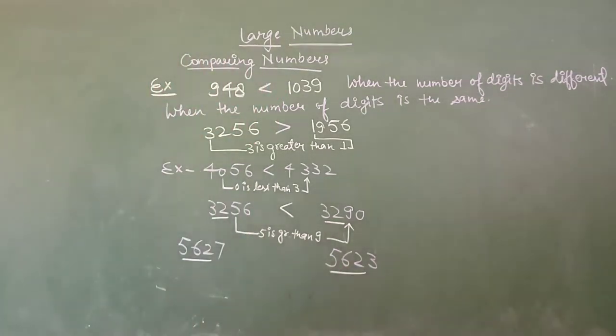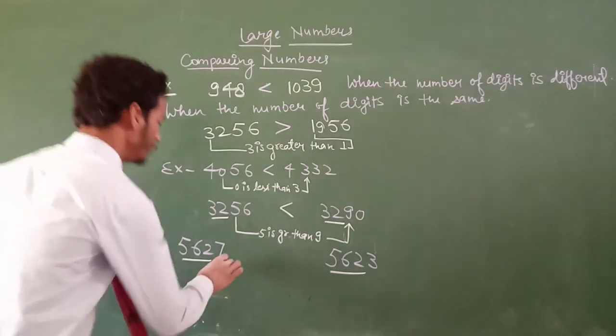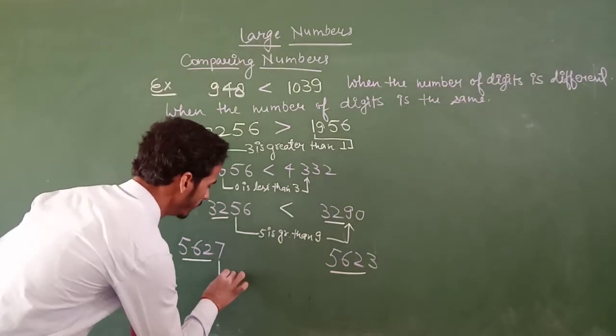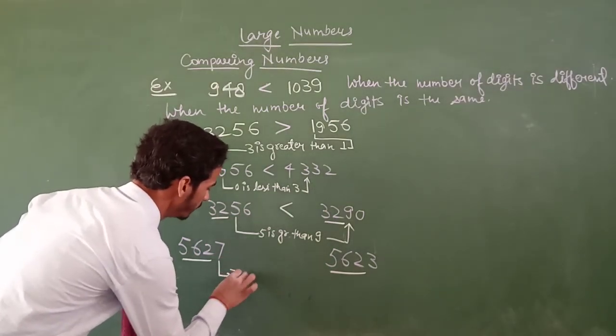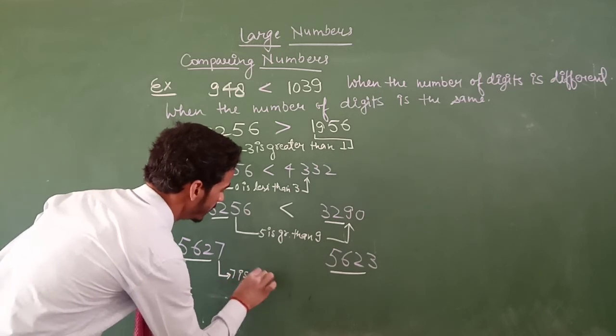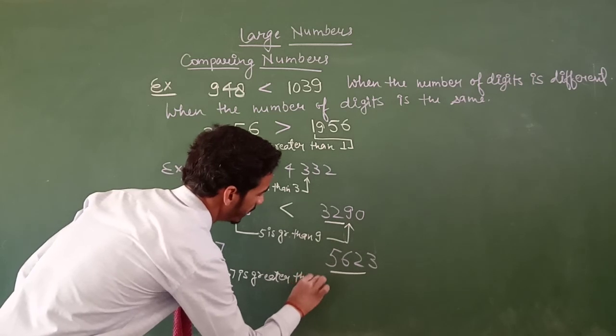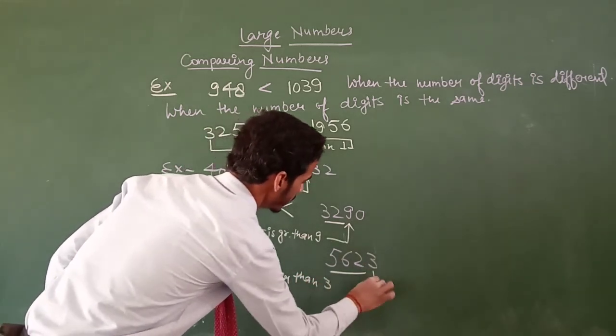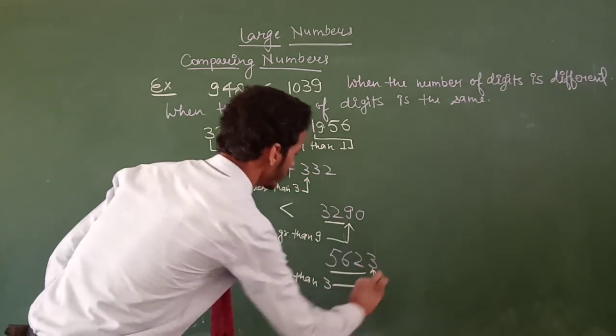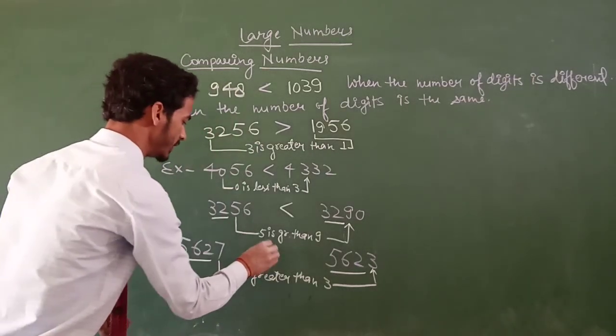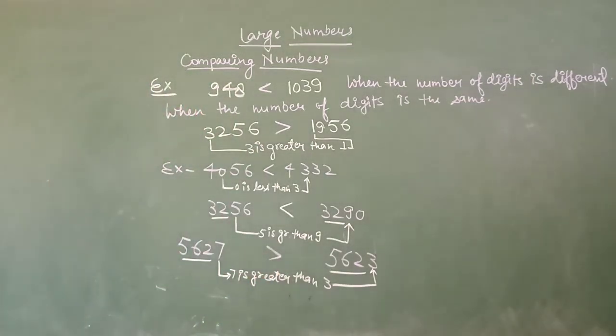In other words, if all the digits are the same, compare the digit in the ones place. So we have to compare this digit, and 7 is greater than 3. So we can say that 5627 is greater than 5623.